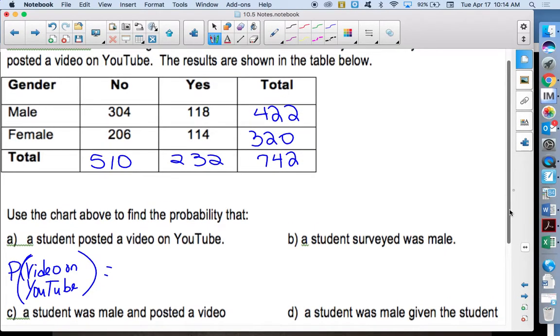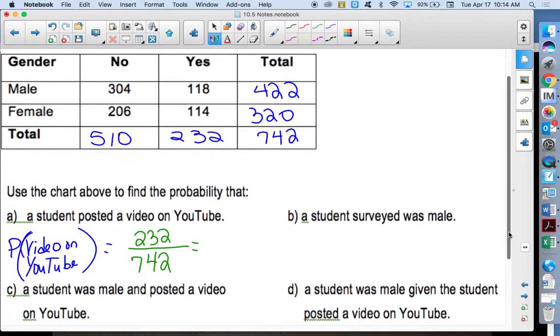Number of yeses over number of students. So he said the number of yeses. When we're doing probability, there are 232 yeses out of the total surveyed, and that would be 742. So Mason, that number reduces to 116 over 371. Yeah.